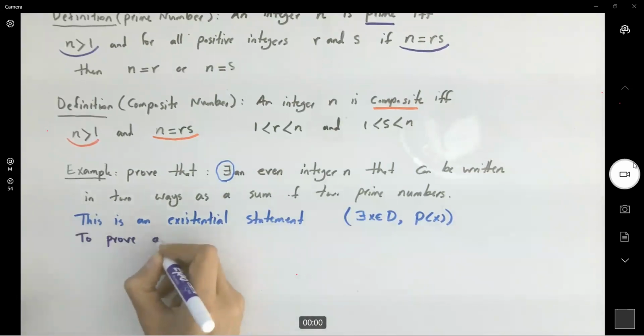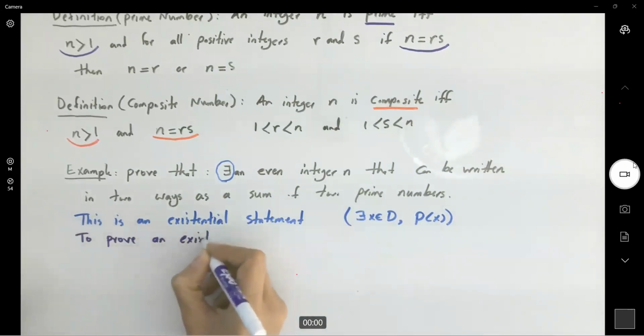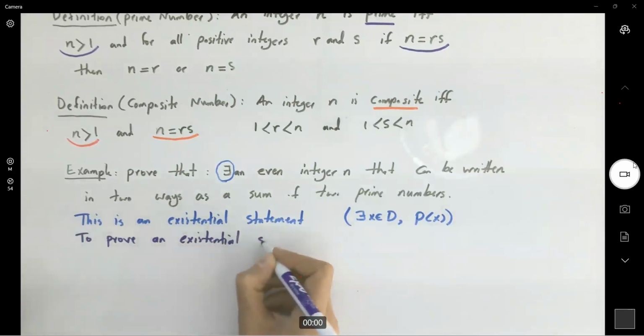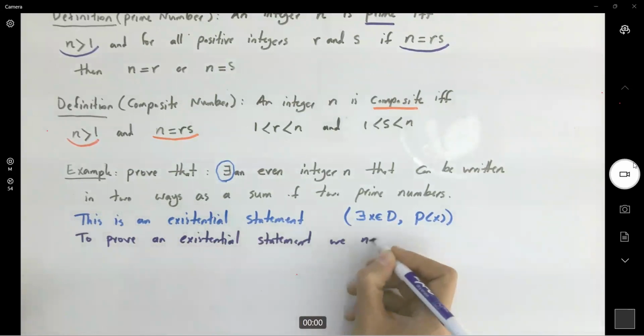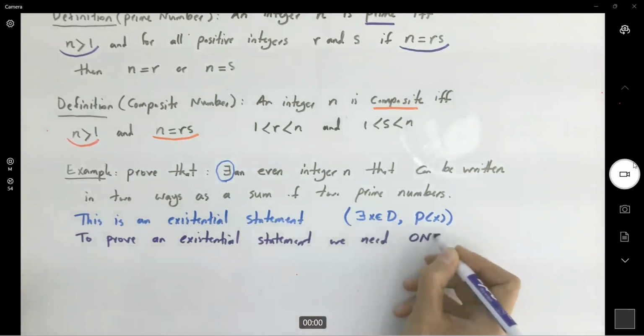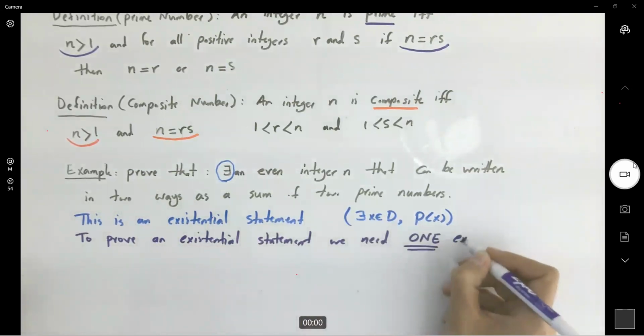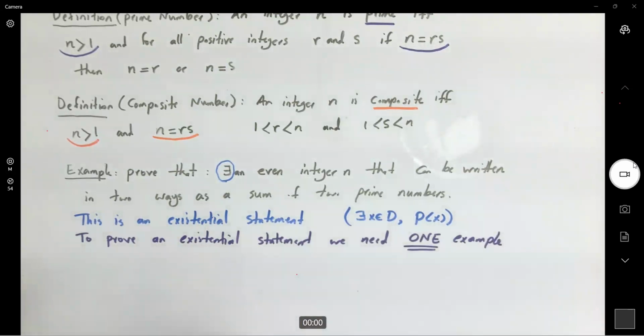To prove an existential statement, we need one example satisfying the statement that we have.